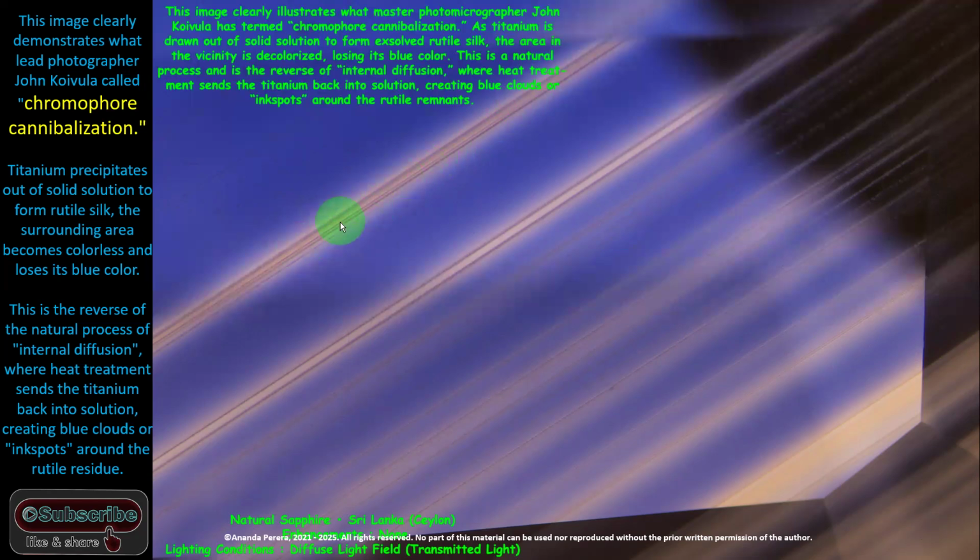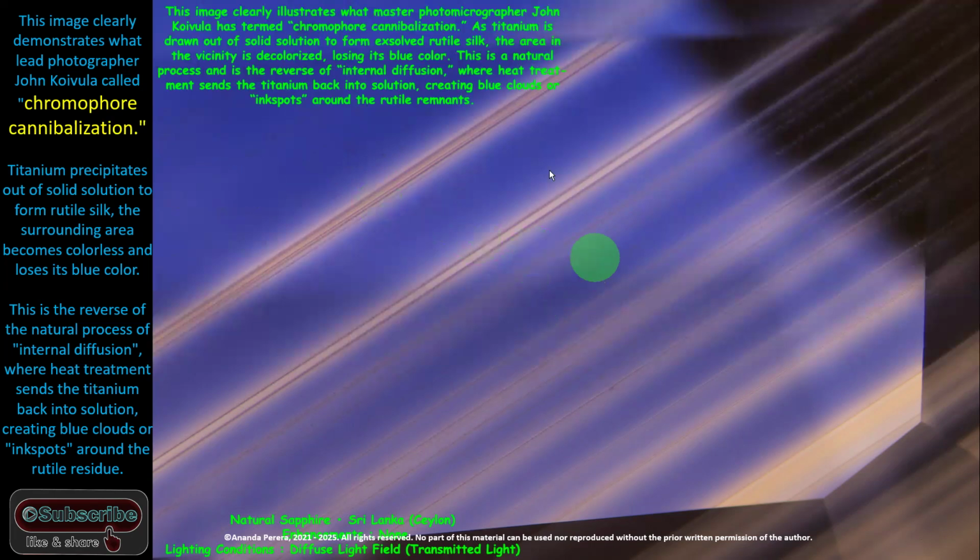This is the reverse of the natural process of internal diffusion, where heat treatment sends the titanium back into solution, creating blue clouds or ink spots around the rutile residue. Now you know what chromophore cannibalization is and the reverse of that. Internal diffusion is the reverse.